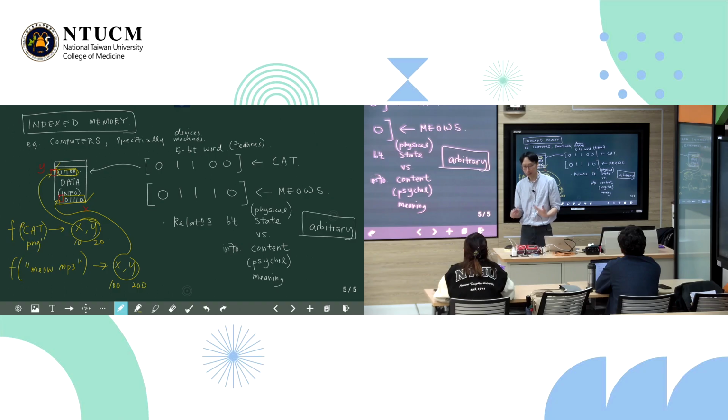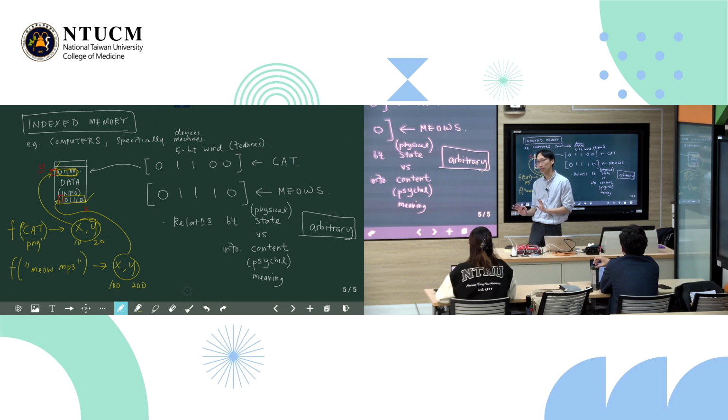It still involves changes in the physical states, right? Some energy changing the flip-flop gates. But the way this memory is done in an indexed way, in which the definition is that the physical state and the meaning of the content has an arbitrary relation, then it seems qualitatively different from this, and it's not the way that Hopfield is saying that our biological systems work.